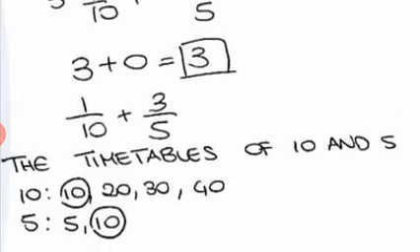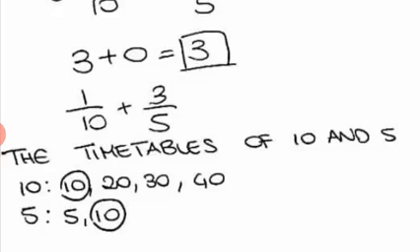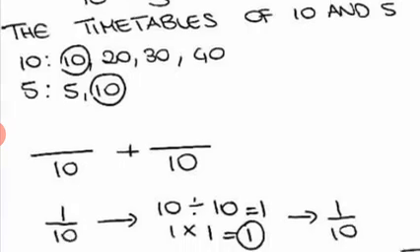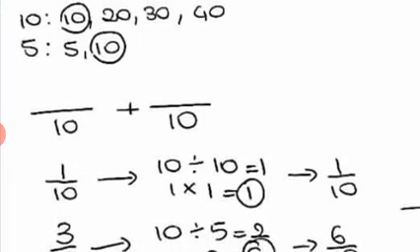The times table of 5 and the times table of 10. 10 is 10, 20, 30, 40. 5 is 5, 10, so the smallest number is 10. So we write two fractions. 1 over 10 becomes 10 divided by 10 equals 1. 1 times 1 equals 1. So the fraction remains the same, 1 over 10.